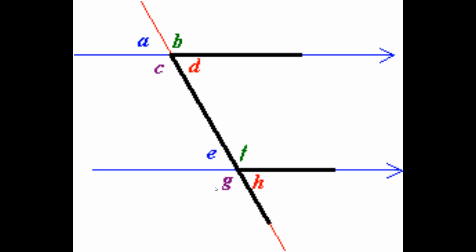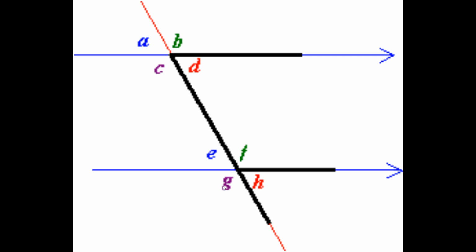So if A is 50, then C must be 130, and E and C are also supplementary, so E is also 50 degrees.